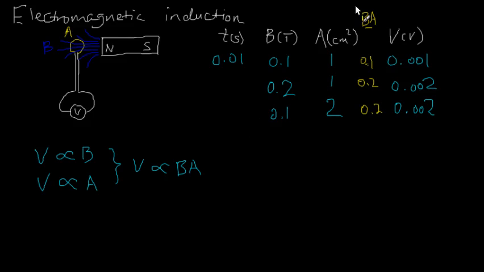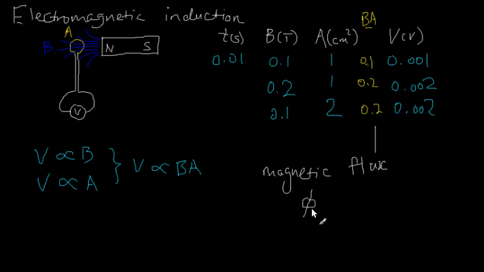Now, it becomes useful to think of B times A directly. And in fact, there is a name for this quantity B times A. It is called the magnetic flux. It's usually denoted by the symbol phi.